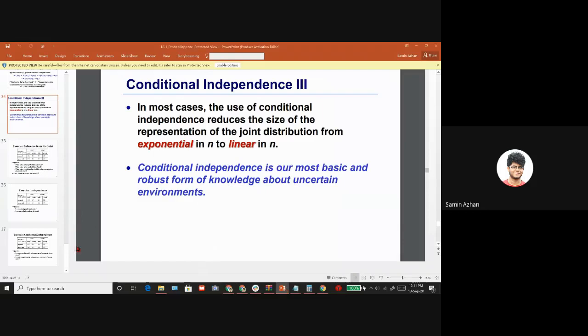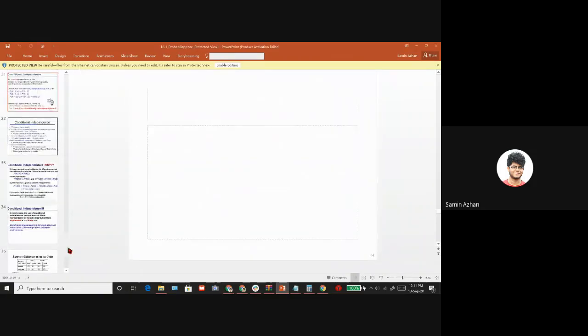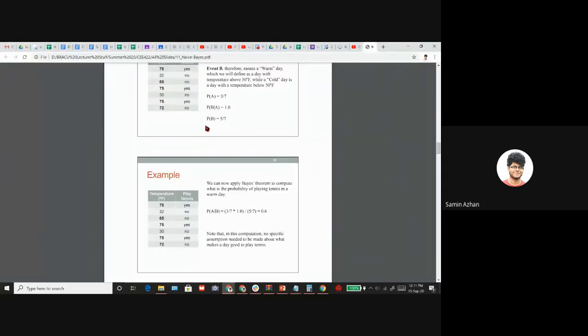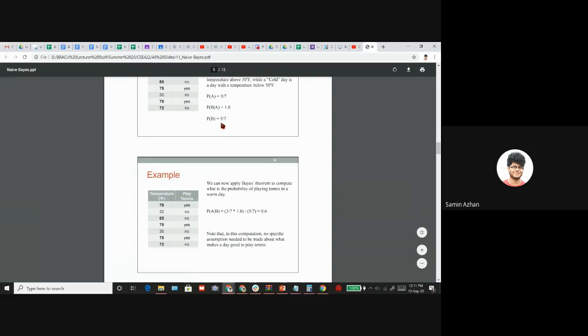Let's look at the Bayes rule one more time: the probability of B given A times the probability of A, divided by the probability of B. So B given A is 1, times the probability of A, which is 3 by 7, divided by the probability of B, 5 by 7. Simply applying that rule, we get the probability of A given B is 0.6.